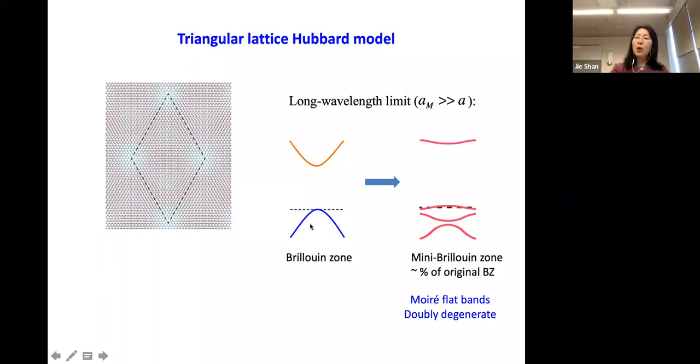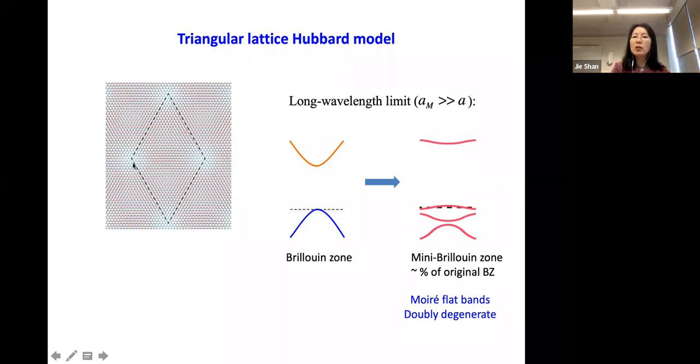Okay, so I talked about stacking the two layers together, right? So effectively, you are folding this Brillouin zone for each band into many, many smaller ones.